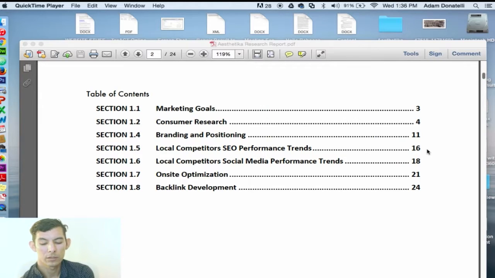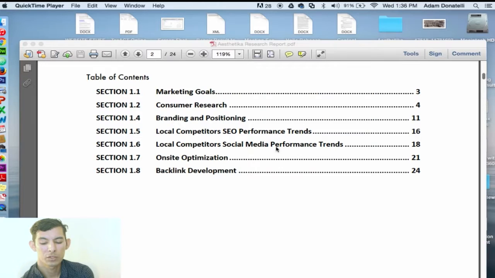And then we're going into here the social media performance trends. Looking at social media accounts out there by other dentists that are having good performance, mostly in level of engagement, not just likes in their social media. Facebook in this example.